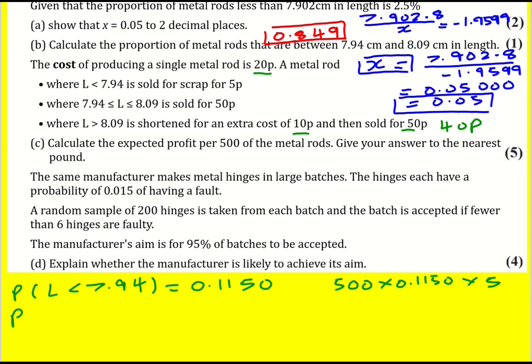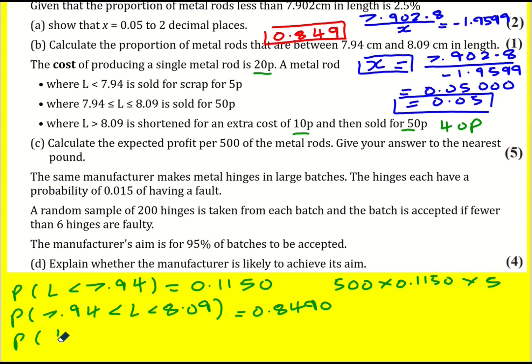I'm going to have to consider what we paid for them as well, but we'll come on to that. Got the probability already for it being between 7.94 and 8.09, which was 0.849.